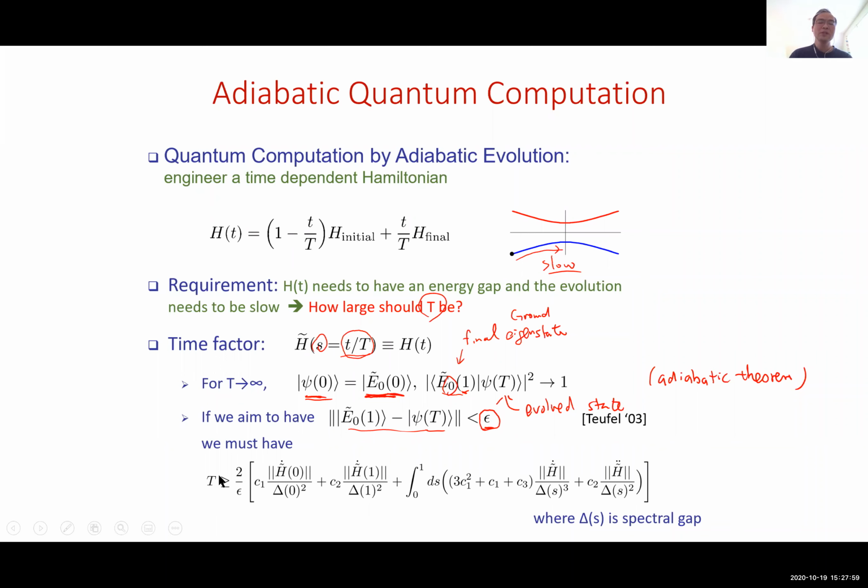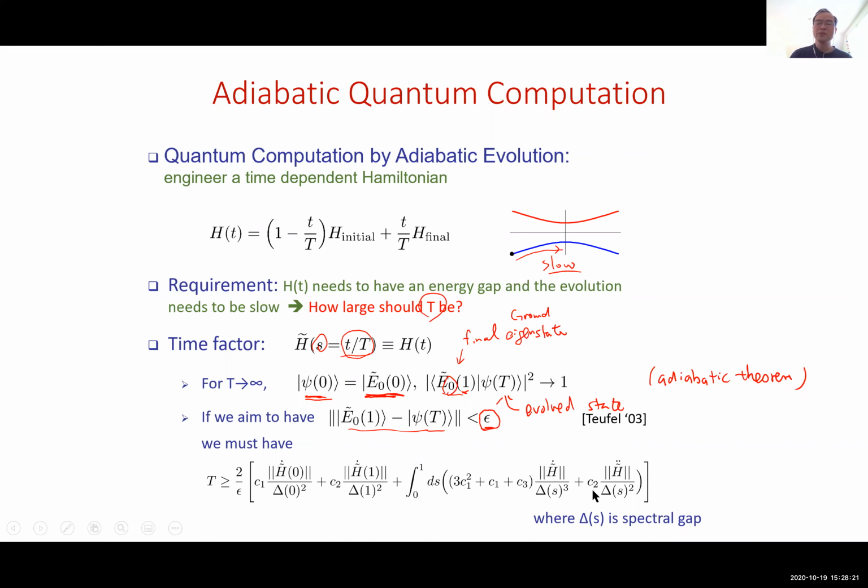It turns out this time has to be bigger than 2 over epsilon, the error threshold we set, times this complicated expression.